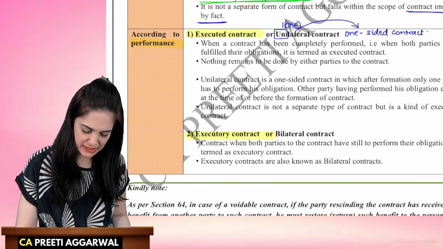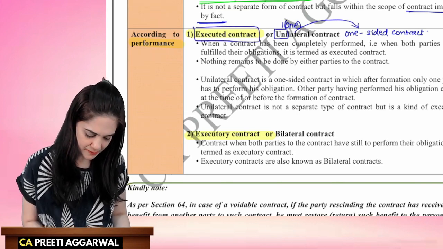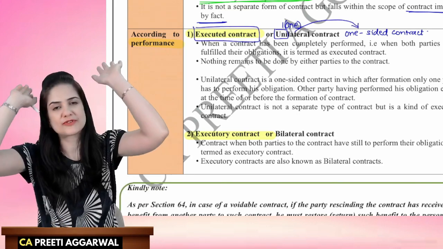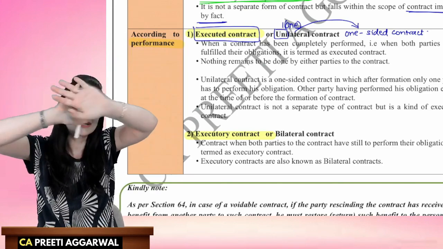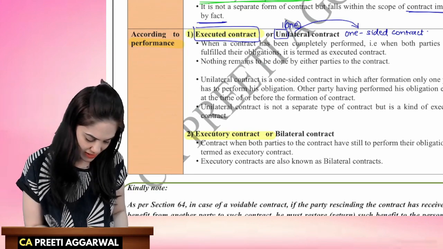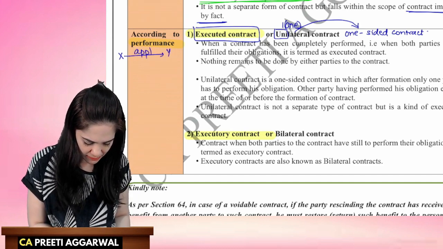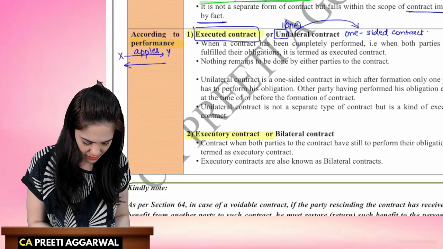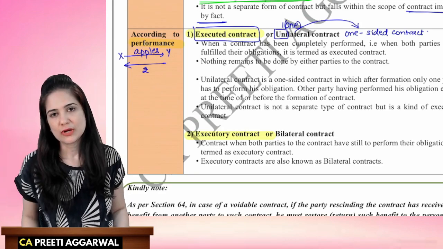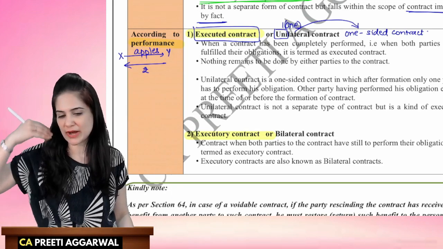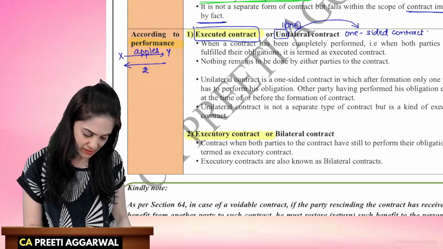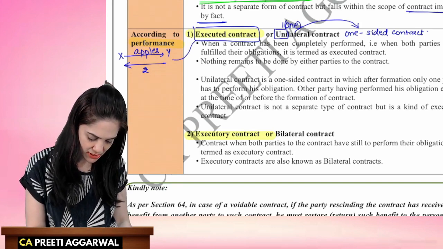Right, now let us understand both separately. Executed contract means everything is over, nothing remains to be done. X sold apples to Y. Y made payment also. So X gave the apples, Y made the payment. This is an executed contract.